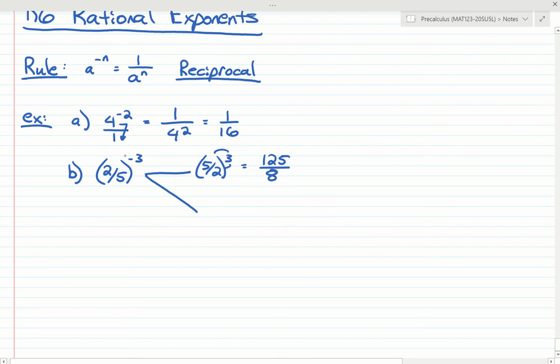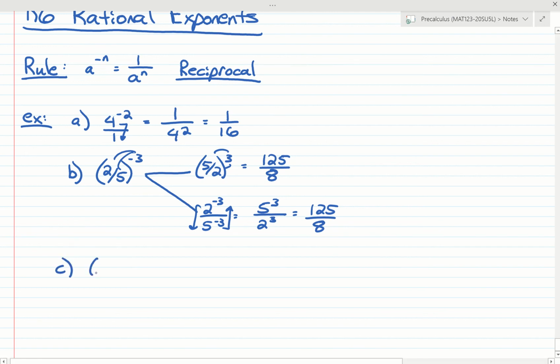Or what else we could do is distribute this -3 first. This would be 2 to the negative third over 5 to the negative third. This would go on top to get rid of the negative, this would go on the bottom. We get 5 to the third over 2 to the third, which is the same thing. So sometimes in math we have multiple ways to do a problem, and it just comes down to personal preference.